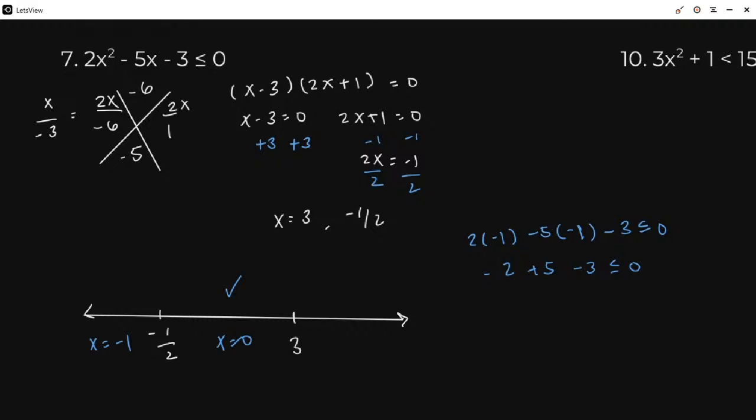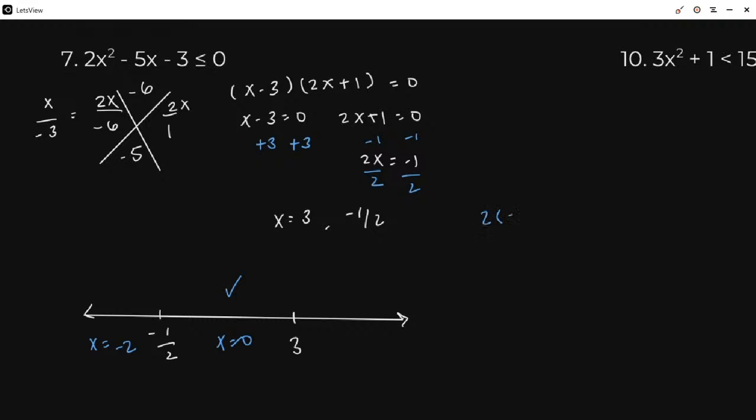Because this does equal 0. Okay, I feel like I did something wrong, but I'm not sure what. Okay, let's try a different number instead. Okay, let's try negative 2.